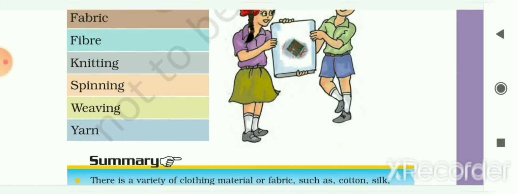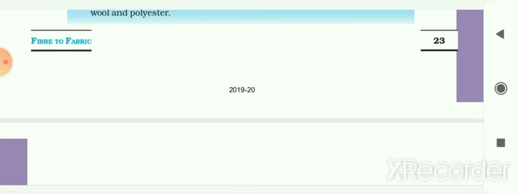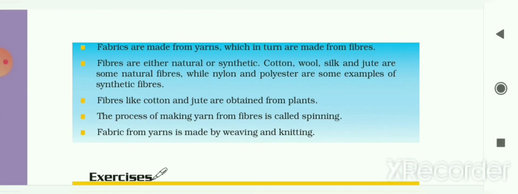So now let me see the summary of this chapter. There is a variety of clothing materials or fabrics such as cotton, silk, wool or polyester. The fabrics are made from yarns which in turn are made from fibers. Fibers are either natural or synthetic.